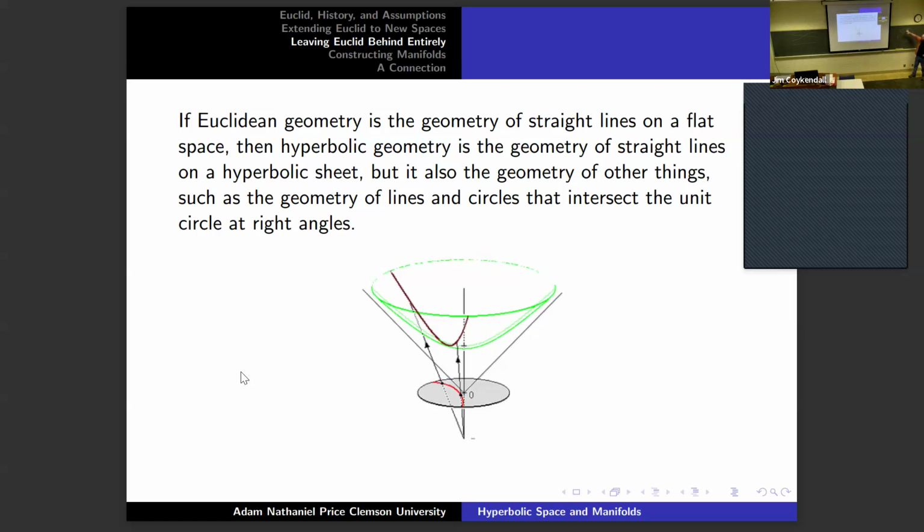So this space, if these are our lines, straight lines through the origin, and circular arcs that intersect the unit circle at right angles, this follows hyperbolic geometry. What I've done here is I've taken the hyperbolic sheet and I've projected it down onto this unit circle.